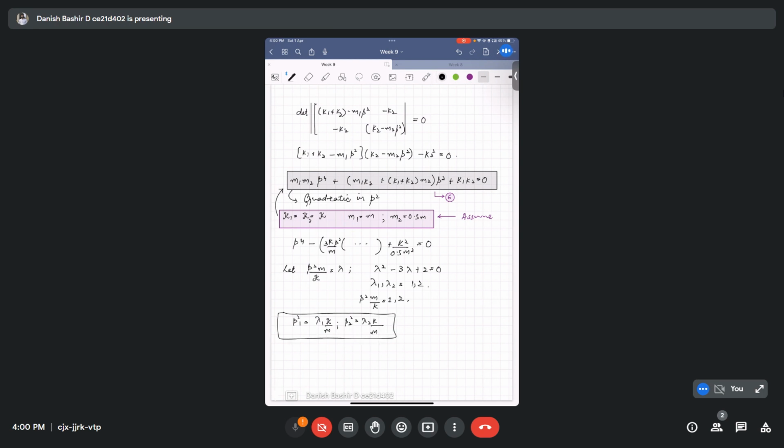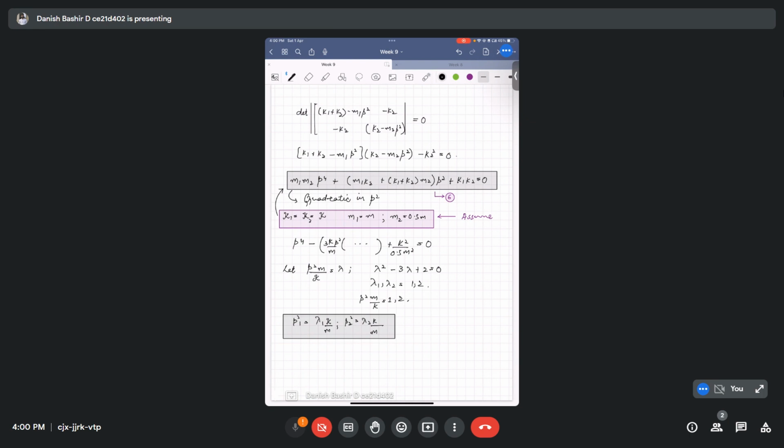Associated with each mode, there will be a specific mode shape, that is the vibrating pattern of our given structure under the influence of the given natural frequency. So we have to substitute back lambda 1 equal to 1 and correspondingly find x1 and x2, and lambda 2 equal to 2 and correspondingly find x1 and x2, and we get the mode shapes.